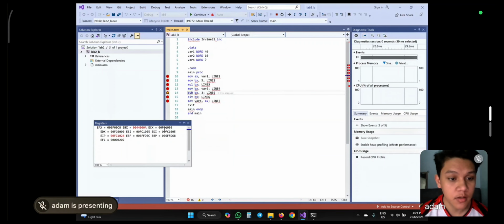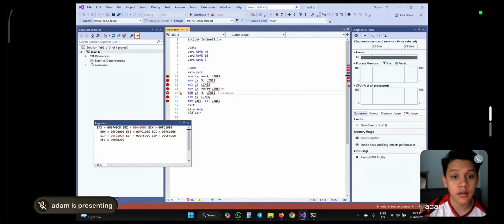Let's step over. Here we can see the value of EBX has changed once again into 000A hexadecimal. This is because in line 4 we are moving the value of var2 into the register BX.